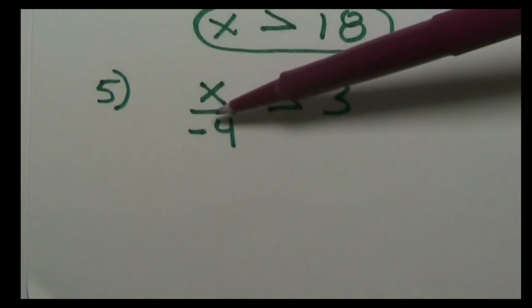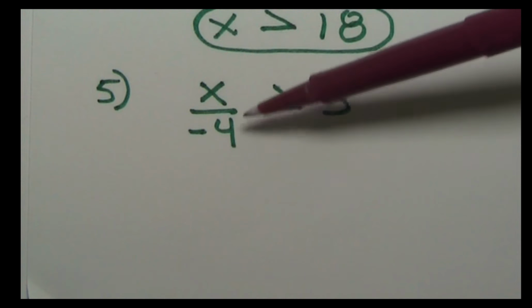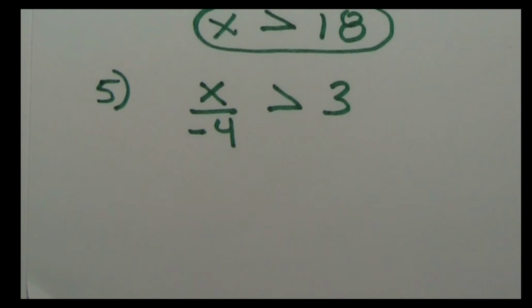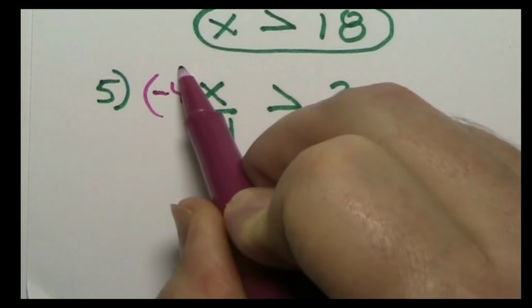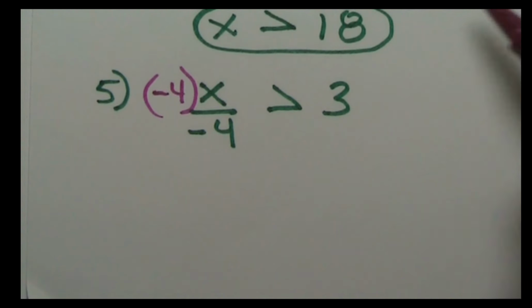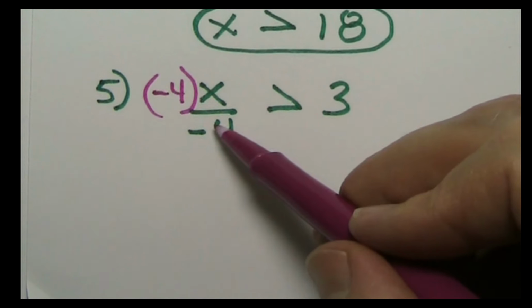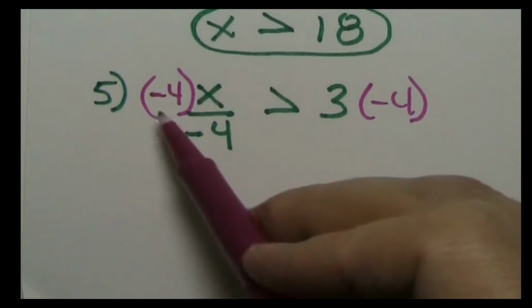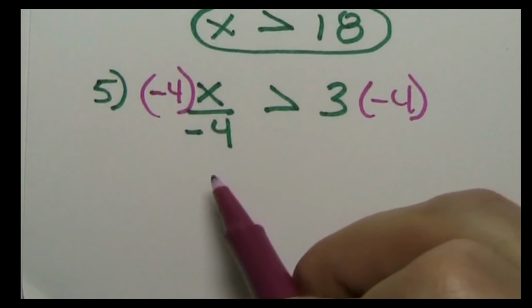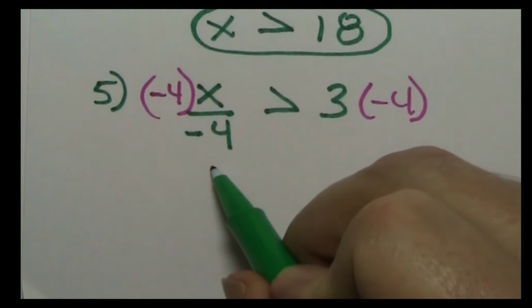Okay, on number 5, notice I'm dividing by -4. To get the variable alone, I would have to multiply by -4. See that? That's how it gets rid of that -4 down below. I have to do this to both sides though. So this all cancels out, reduces to 1. You're left with the letter x.